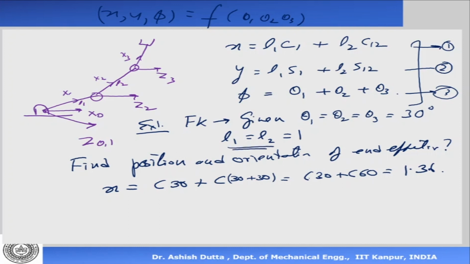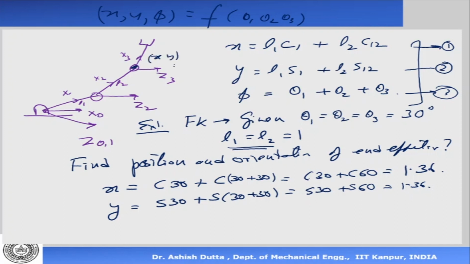L is given as 1. What is y? y is equal to sin 30 plus sin (30 plus 30), which is equal to sin 30 plus sin 60, which is again equal to 1.36. So what is the coordinate of this point, xy?